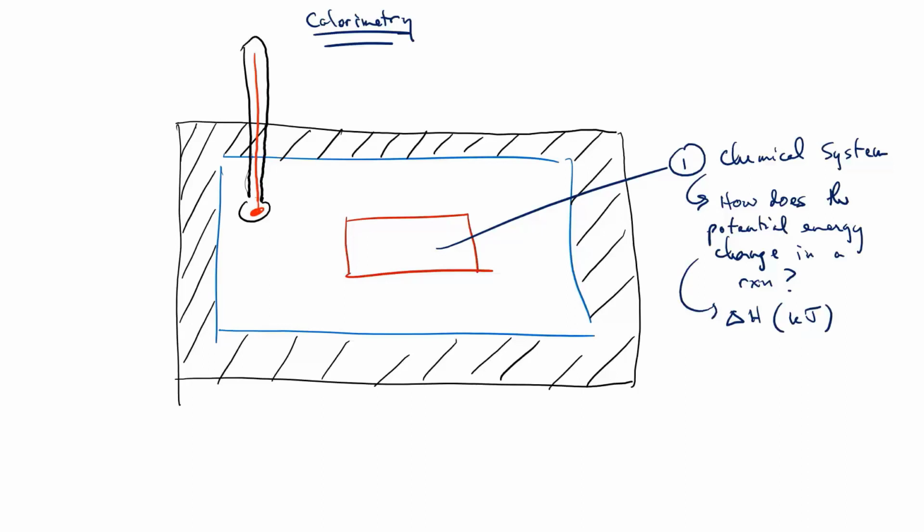Now, don't forget what we have around that chemical system are H2O surroundings. Basically, the delta T is the indicator for the change in potential energy.